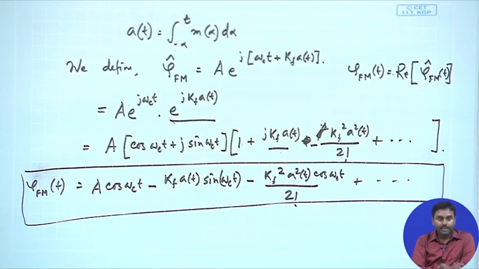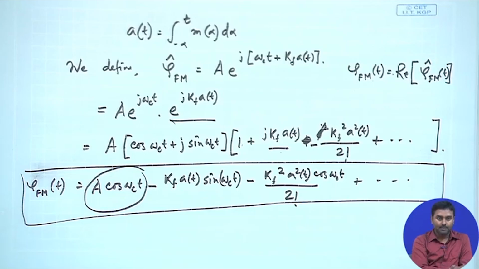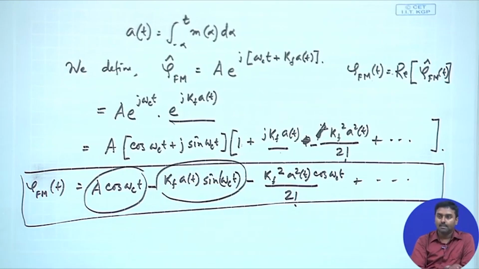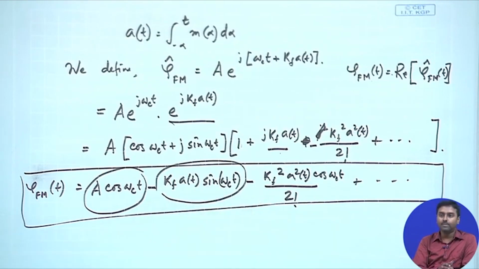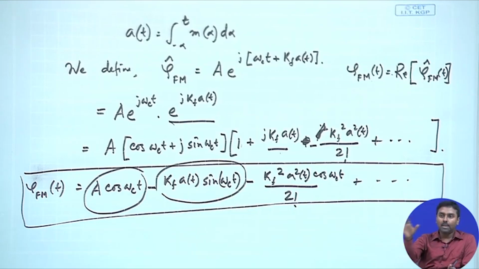Carefully see, it has a cosinusoidal term, which is the carrier term. The next one is just like a DSBSC by a(t), that integrated signal, as if you are doing a DSBSC. Of course, in DSBSC we do it with cos, but here it is by sine, but the spectrum will look the same.